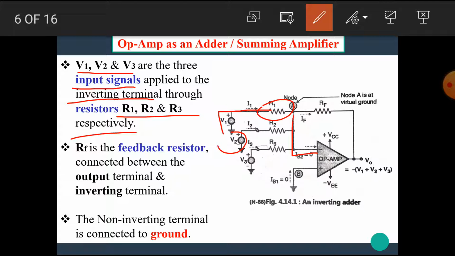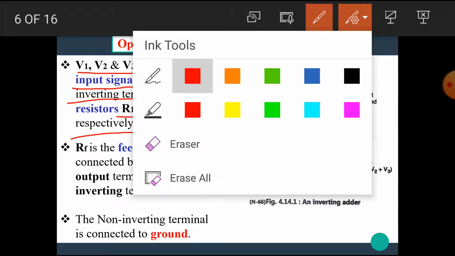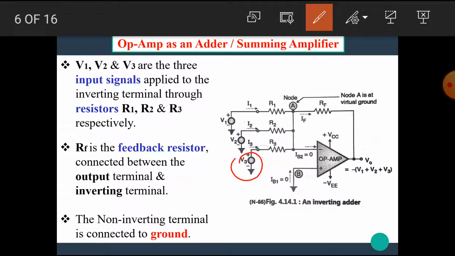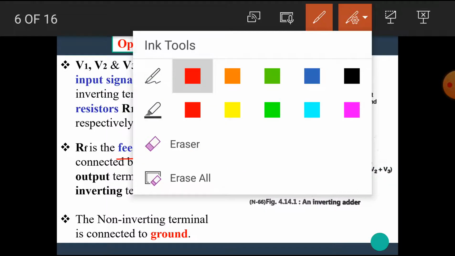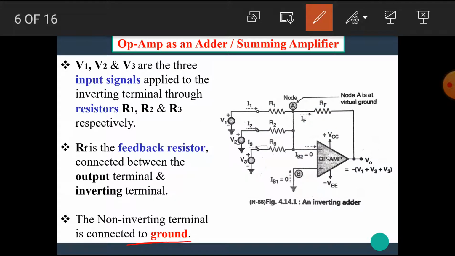Similarly, V2 is connected through R2 and V3 is connected through resistor R3. RF is the feedback resistor, which is connected between the output terminal and the inverting terminal. The non-inverting terminal is connected to ground.